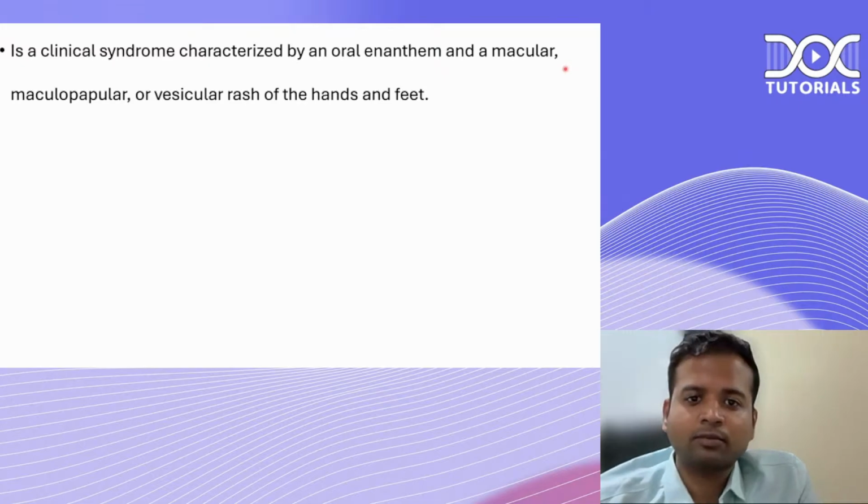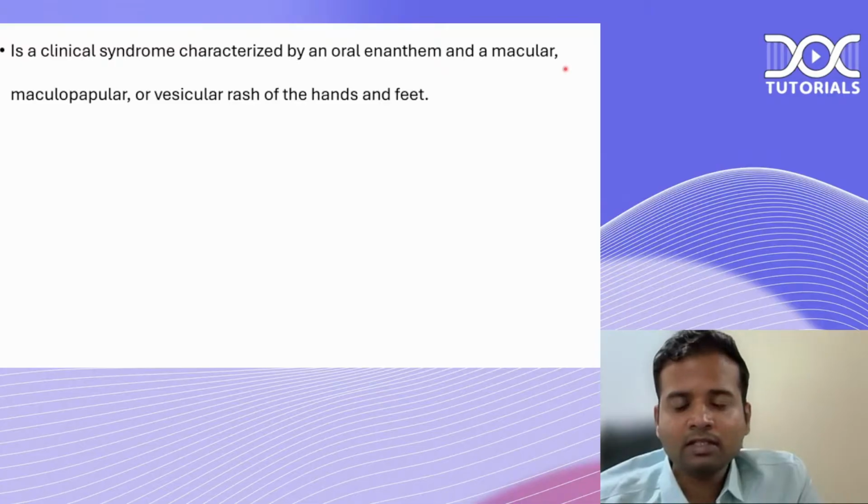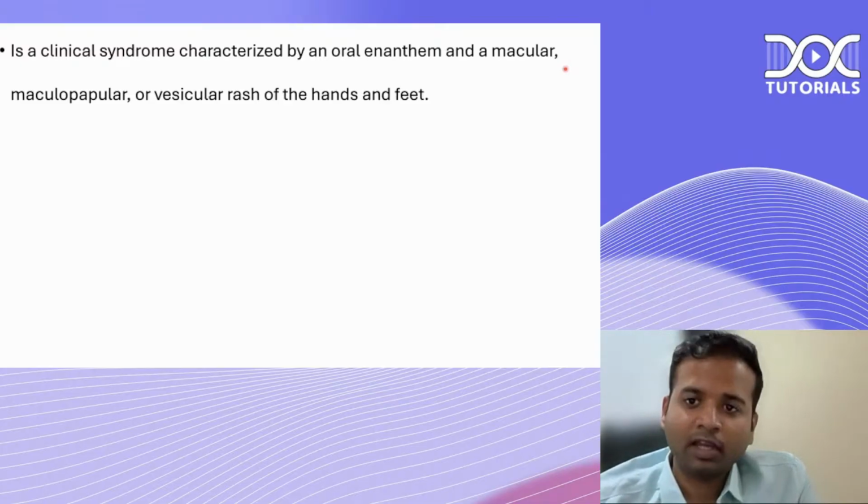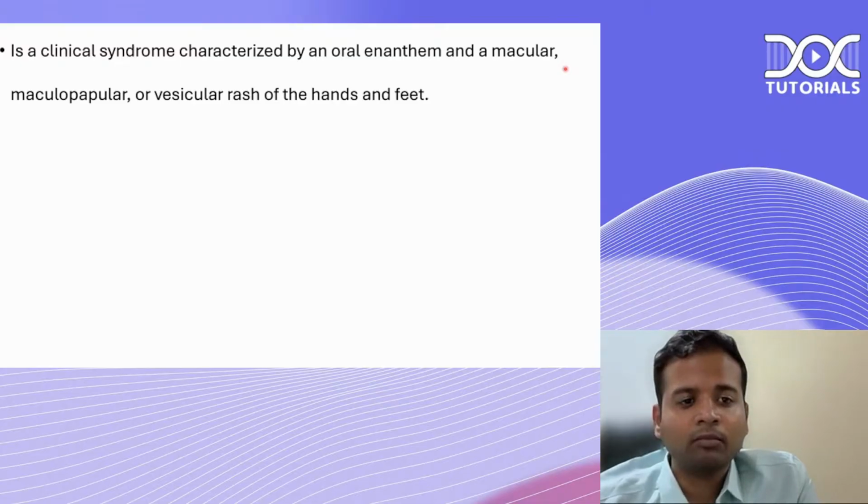So it's a clinical syndrome. Enanthem means involving the oral mucosal surfaces. So it involves the mucosal surfaces and also the skin in the form of maculopapular or vesicular rash, most commonly involving the hands and feet. Hence it is called hand, foot, and mouth disease.